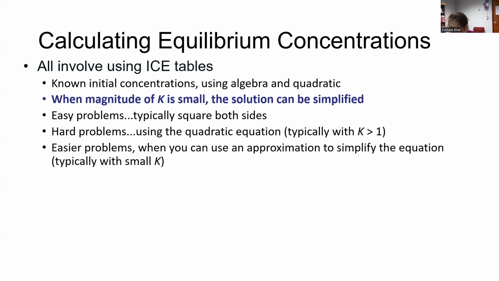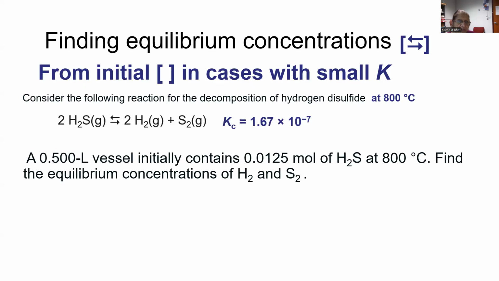When it is very small, we can neglect it, as long as K times 100 is less than the initial concentration. Finding the equilibrium constant, always, like I said before, find the molar volume of the container, and then you can find the equilibrium concentration that is there.